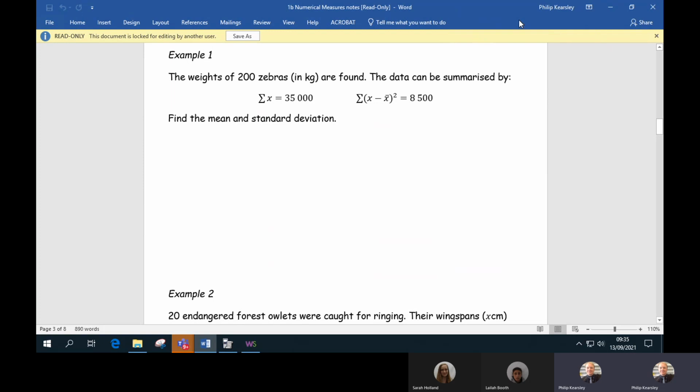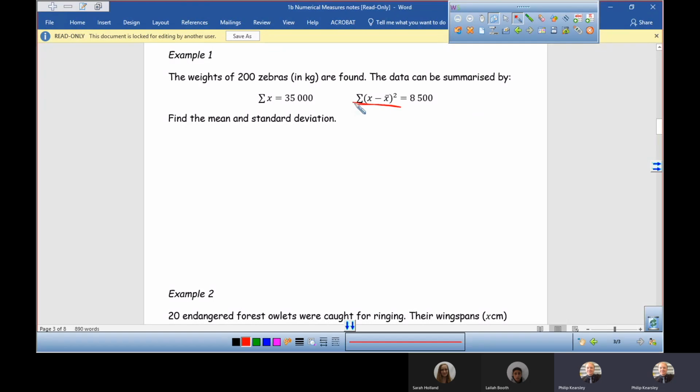Example number 1. Notice the one we've been given is the older style of question. Now, students say, Phil, why do we do it then? If it's on the old spec, why do we still do it?